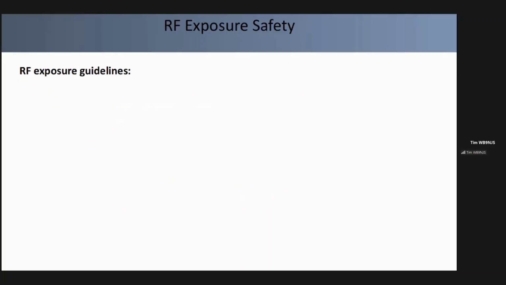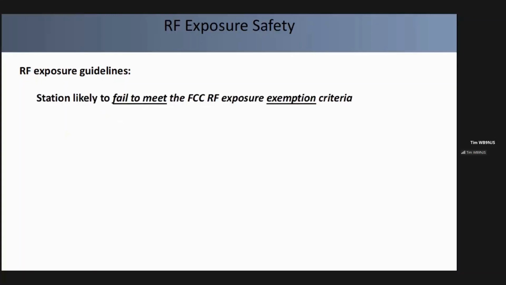Okay, so let's talk about the FCC and their RF exposure guidelines. In reality, your station is likely to fail to meet the RF exposure exemption criteria. What that means is your station probably isn't going to be in that less than a milliwatt of time averaged power.